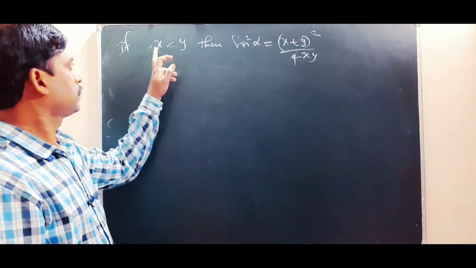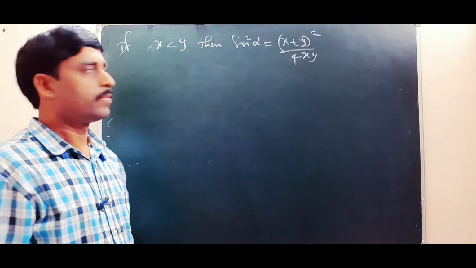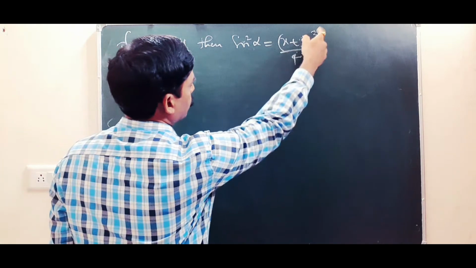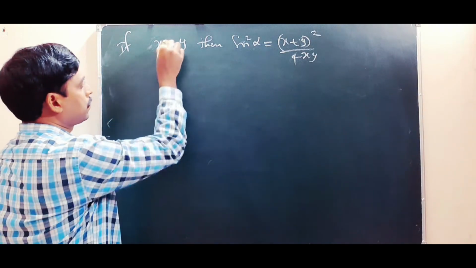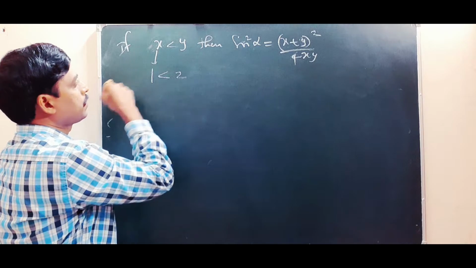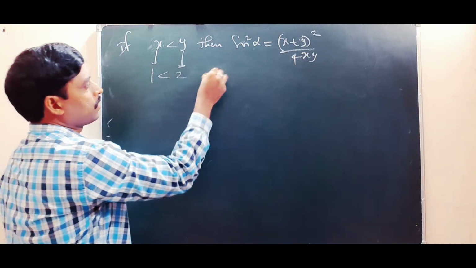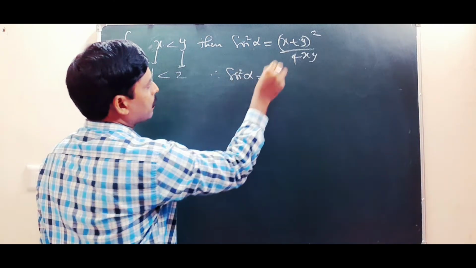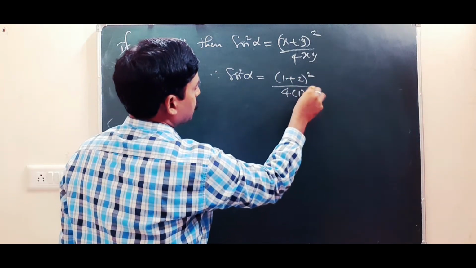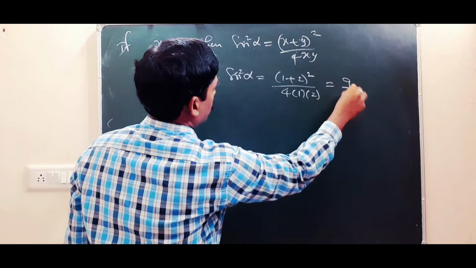Now let us explain case 2, x less than y. So for x less than y, sin square alpha is equal to x plus y whole square by 4xy. Let us take one example, 1 less than 2. In place of x write 1 and in place of y write 2. It is going to be sin square alpha equal to 1 plus 2 whole square by 4 into 1 into 2, which is 9 by 8.